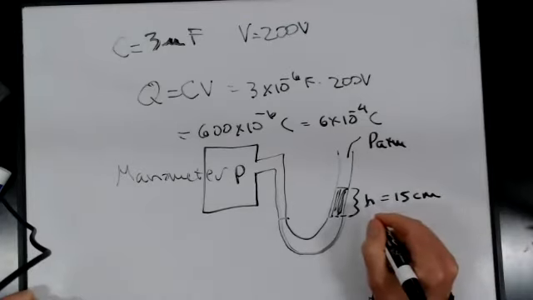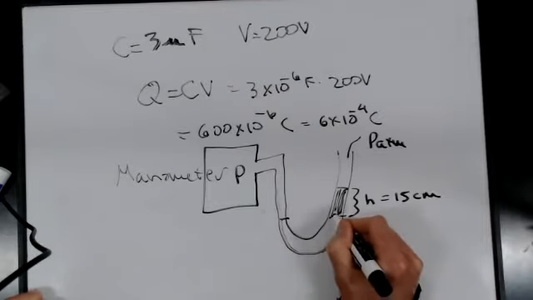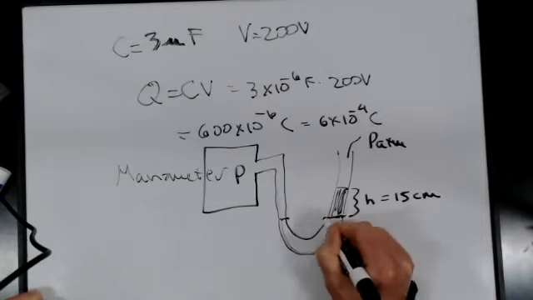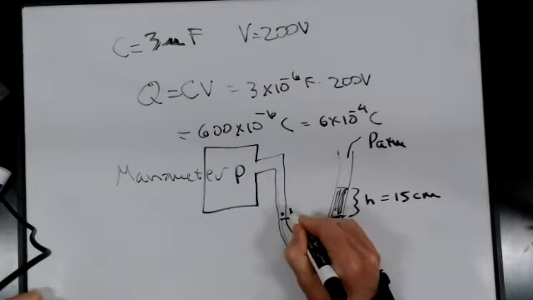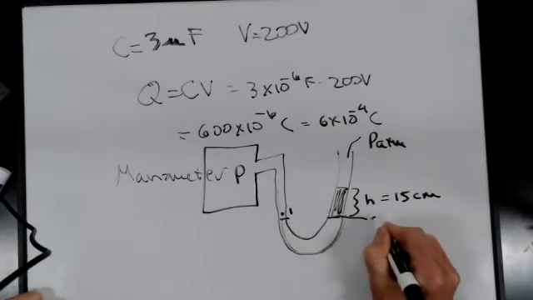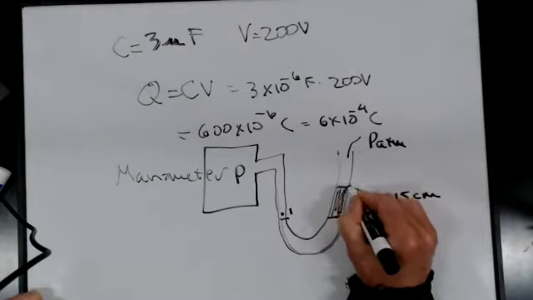It's Pascal's principle that says at the same height in a fluid, the pressure is the same. So the pressure at this point, which I call 1, is the same as the pressure at this point, which I call 2.